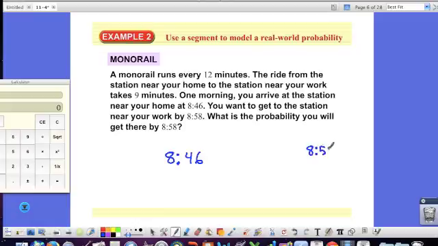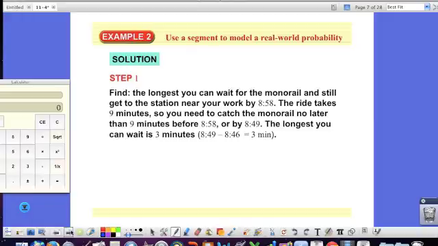Since it's going to take 9 minutes, you need to be leaving the station by 8:49. Because if you leave by 8:49 and it takes 9 minutes, you'll get there by 8:58. So if the train comes at 8:46, 8:47, 8:48, or 8:49, any of those minutes, you'll get there by 8:58.